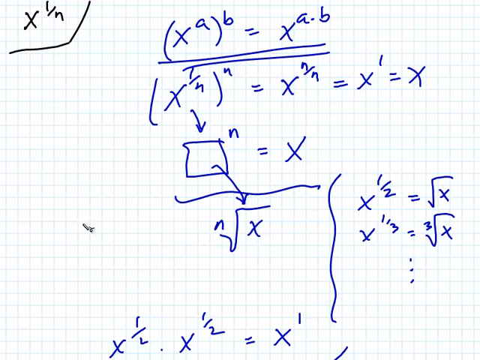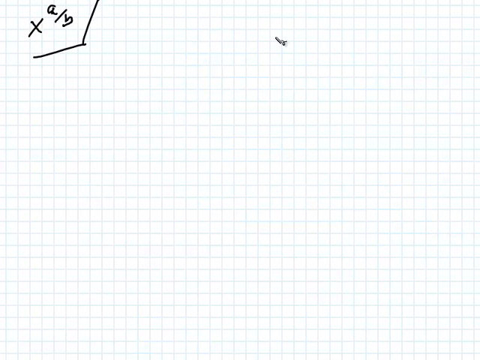Let's go on to more general fractions. Okay, what about x to the a over b? Well, x to the a over b could be written x to the a times 1 over b. So a number times a reciprocal type fraction would be the same as a over b. This, we have learned, is the same as x to the a to the 1 over b.